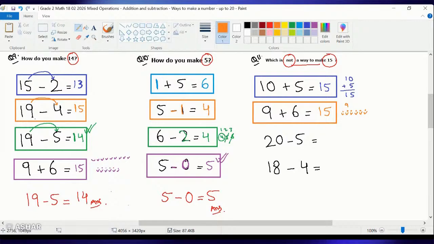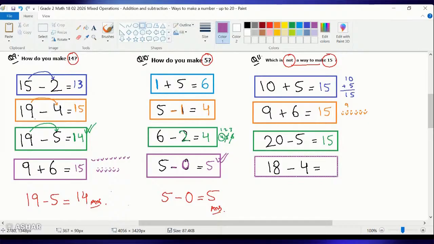20 minus 5. From a 20, if we subtract 5, it would still be 15. How about 18 minus 4? We can do it in this manner also. 8 minus 4 would be 4, and the 1 comes down as it is.